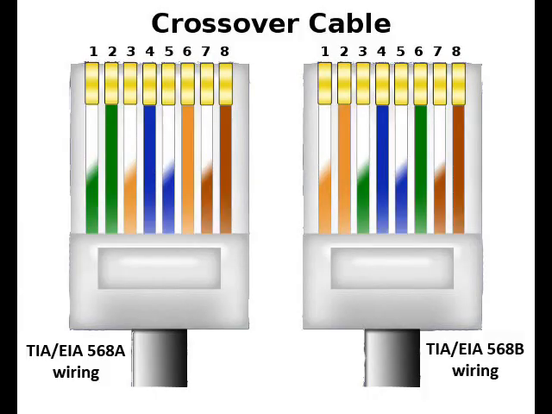That's really useful. Okay, now you know the purpose of using a crossover cable and a straight-through cable, but maybe you have a problem identifying a crossover cable from a straight-through cable. That's not hard. Always remember, a crossover cable uses T568A color coding for one end of the cable and T568B for the other end.